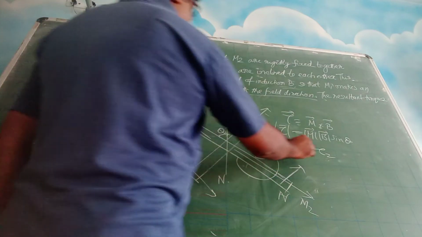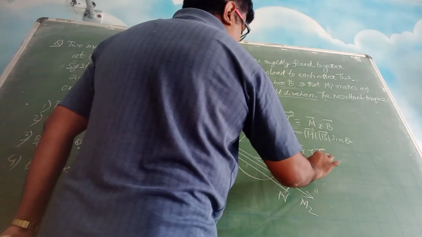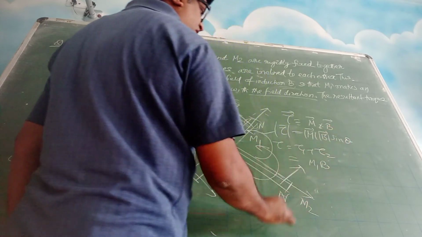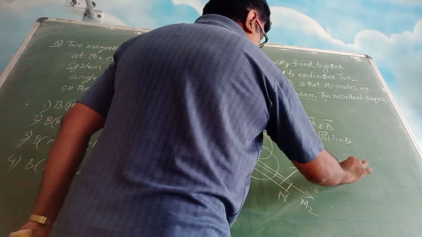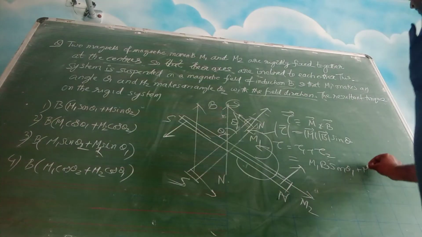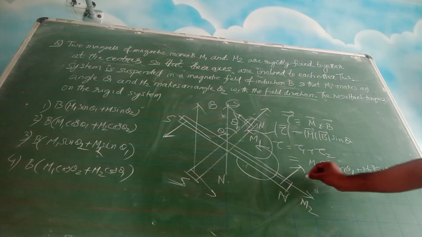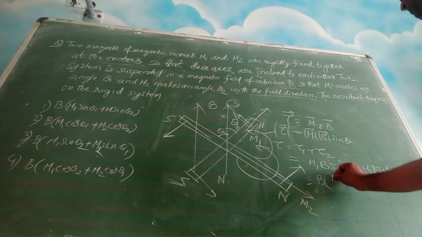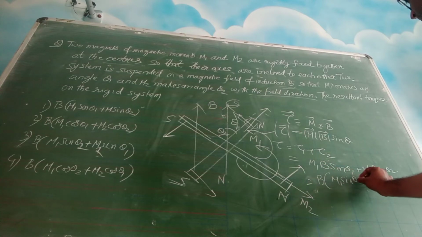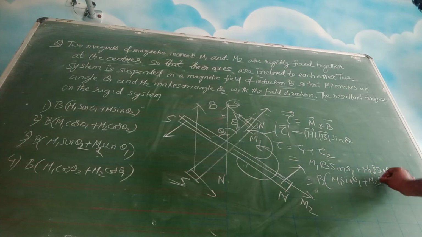So for the torque, we have to write m1 B sin theta 1 plus m2 B sin theta 2. Take B common: it is B times m1 sin theta 1 plus m2 sin theta 2.